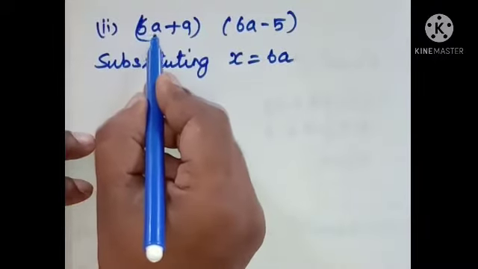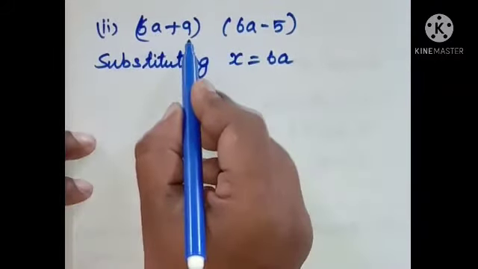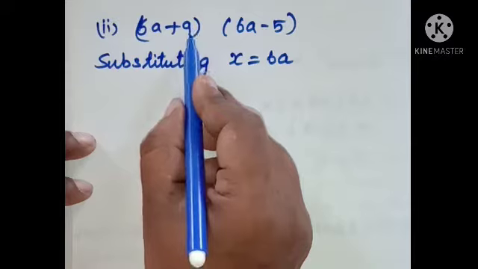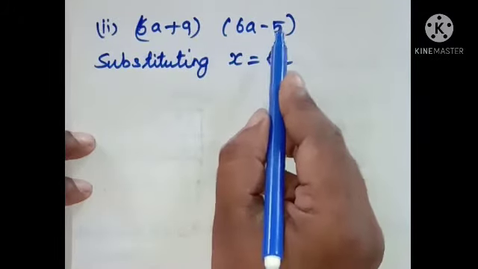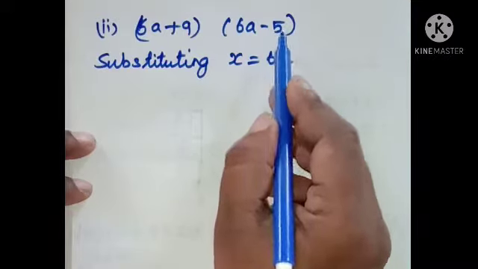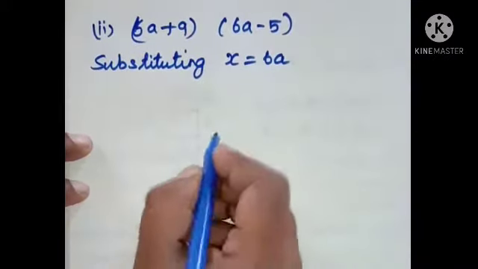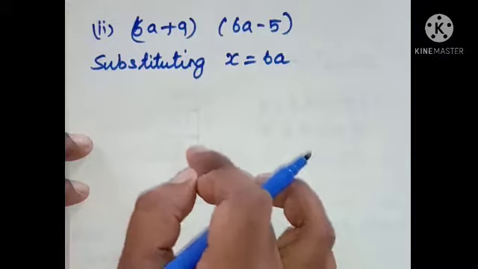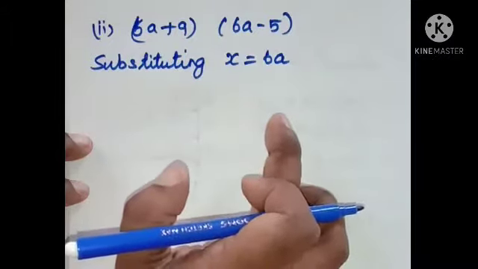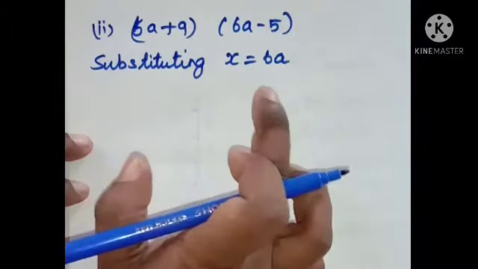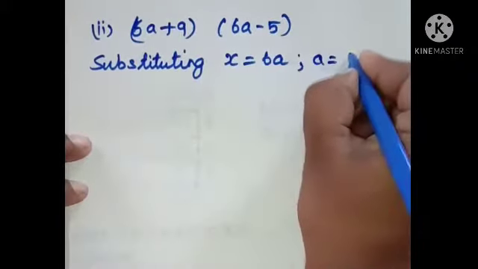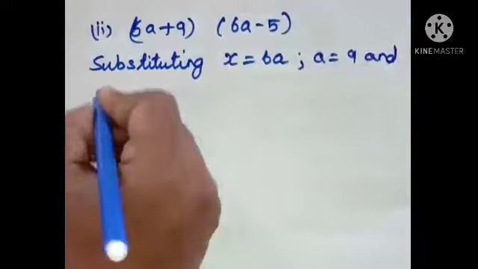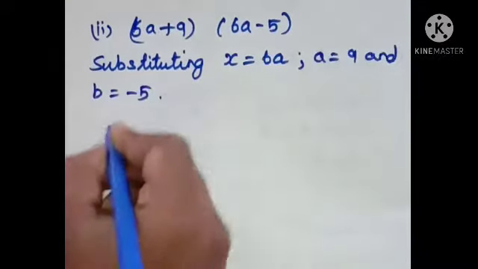See children, in place of x, here 6a is present, and in place of a, here 9 is present. And what about b? Yes, it is -5, because in the identity we have (x + b), so b here is -5. So a = 9 and b = -5.